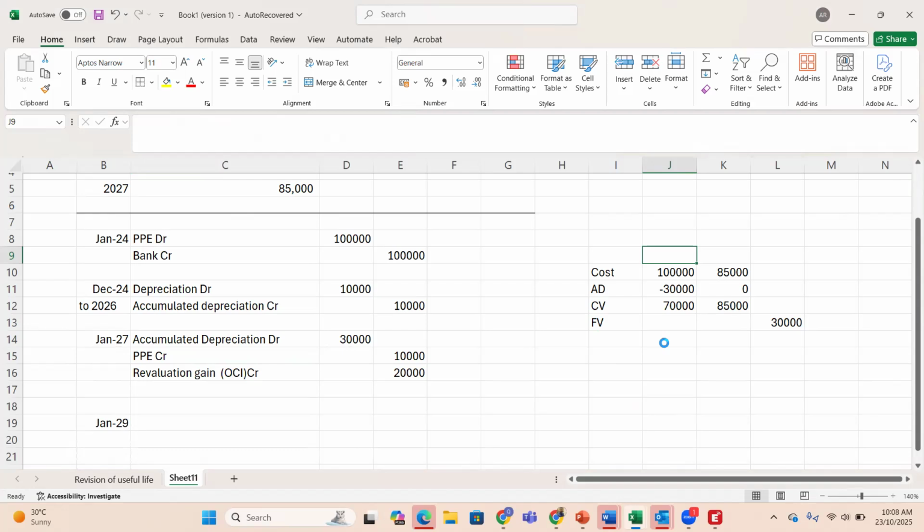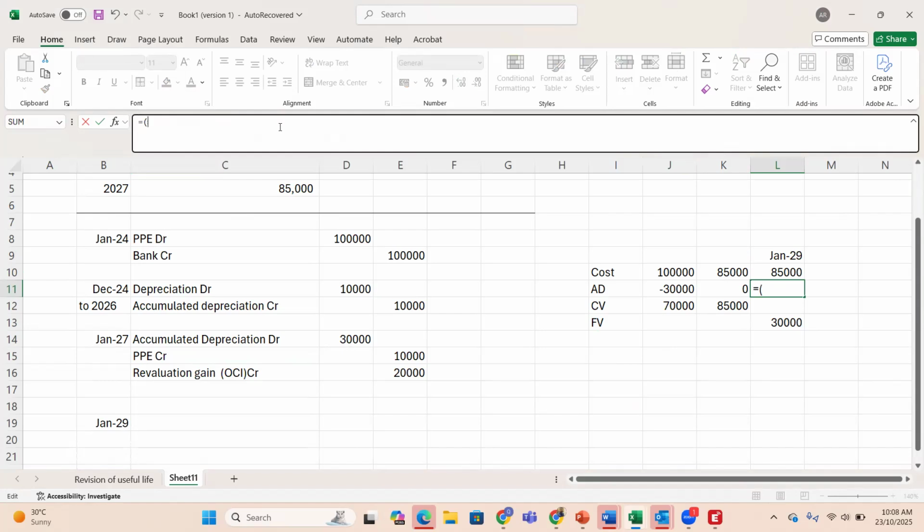Before that, I have to see on Jan 29 what has been my cost. It is 85,000. What is depreciation? So Jan 27, we did the depreciation and we calculated that the depreciation is going to be how much?